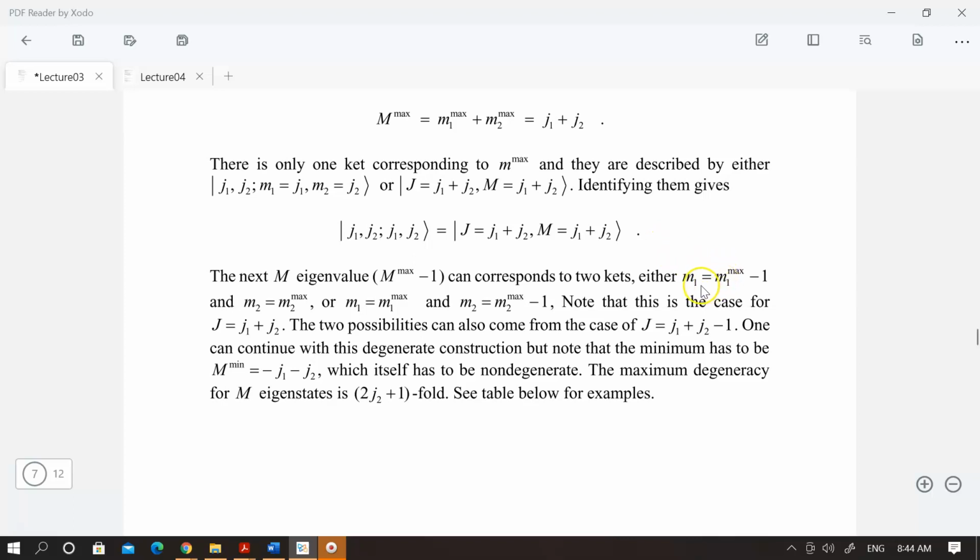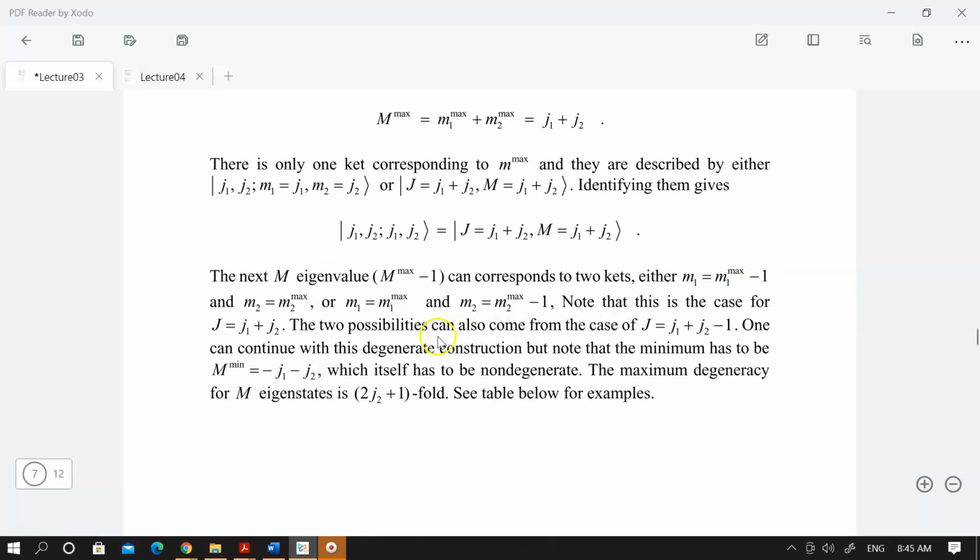You can either have M2 be the maximum, so M2 maximum is J2, and then M1 is not the maximum, so M1 is one unit lower, that is M1 equals J1 minus 1.